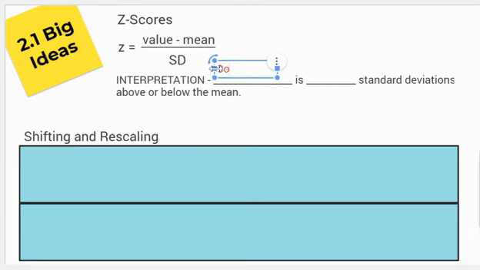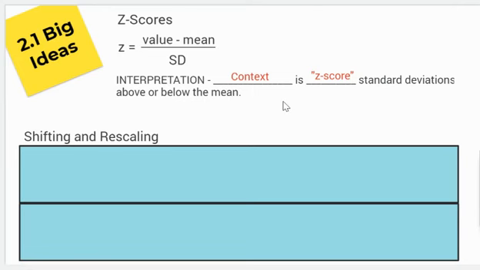If we're talking about test scores, we may say Johnny's test score is, and then whatever the z-score is goes right here. And it's important to know that a z-score is the number of standard deviations above or below the mean. So whatever the context is, it's z-score standard deviations above or below the mean.